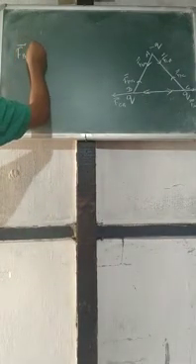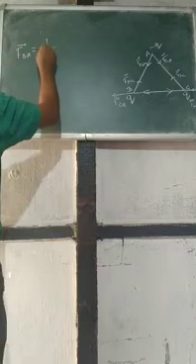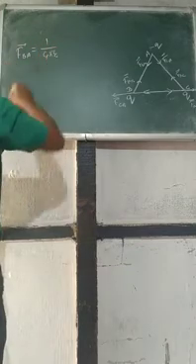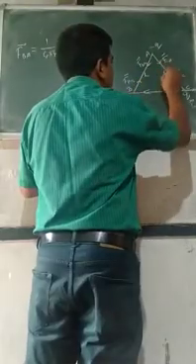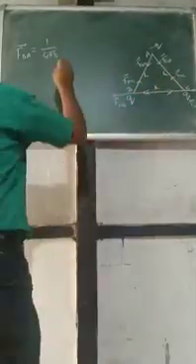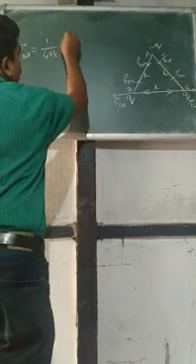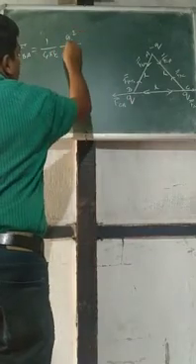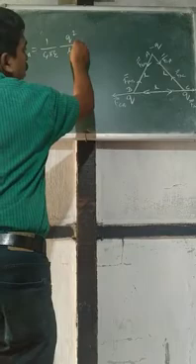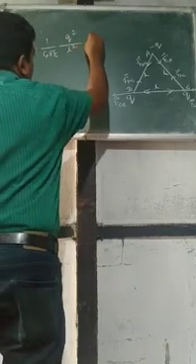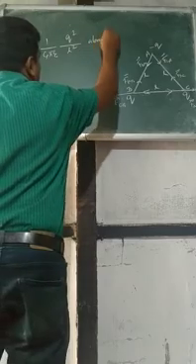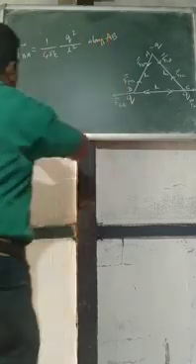F_BA is given by 1 by 4 pi epsilon naught, and this is an equilateral triangle of side L. F is 1 by 4 pi epsilon naught q square by L square in the direction of AB, along AB.